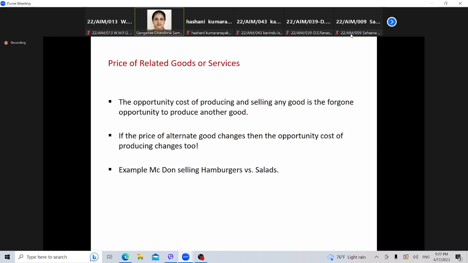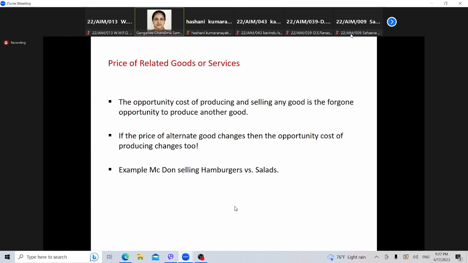Another factor: price of related goods and services. You may remember the opportunity cost of producing and selling any good is the foregone opportunity to produce another good. You may remember these points we discussed under the opportunity cost principle.